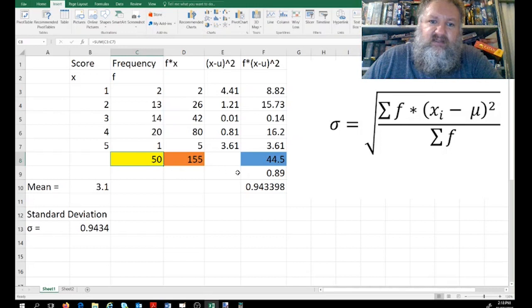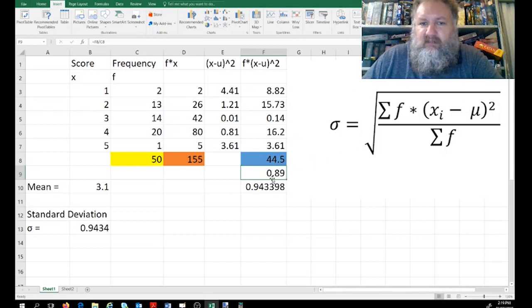So that's cell C8, which is what we did just here. We took this number, cell F8, divided it by this one over here, cell C8, and we worked out all of the bits underneath that root sign, the radical sign.